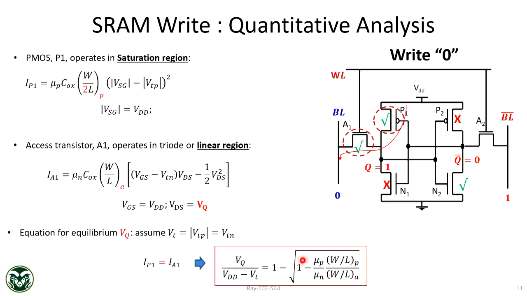If VQ turns out to be higher than the threshold voltage, then write will not take place. In the other case, you want to find the ratios for write to take place. Then what value of VQ will you use? At least, what should VQ be? It has to be the threshold voltage of the transistor, because that's the stringent criterion we'll be using.